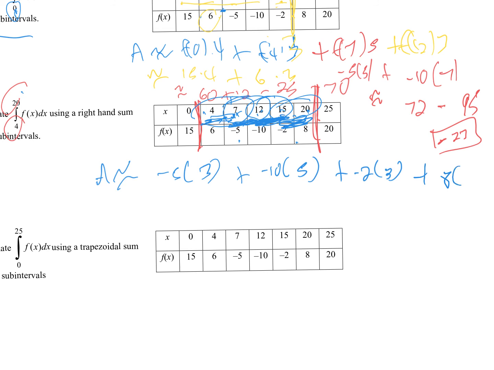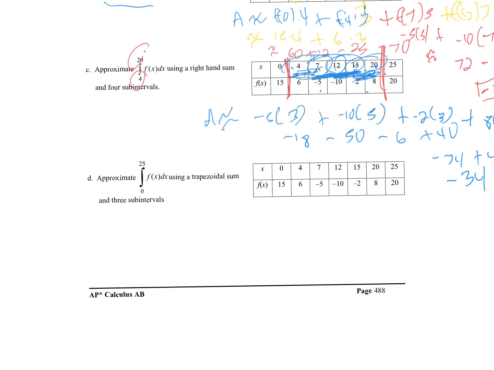And between 15 and 20 was 5. Negative 18. Negative 50. Negative 6 plus the 40. So, I don't know. Negative 68 and negative 74 plus 40. Negative 34, if I'm correct.